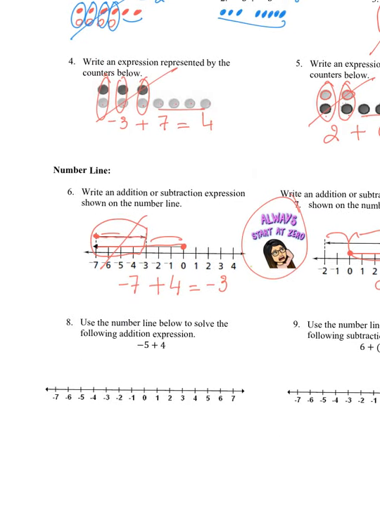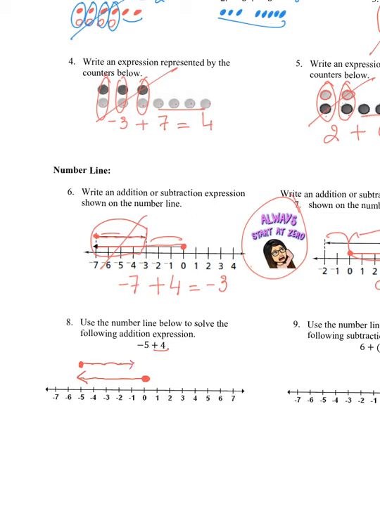Number 8. Okay, we're going to draw the arrow. Let's start with negative 5. Always start at 0. 1, 2, 3, 4, 5. And then we end at negative 5, but we're going to go 4 units to the right. 1, 2, 3, 4.